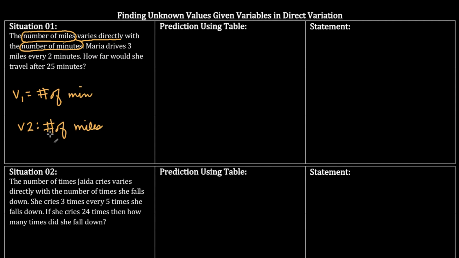Remember, this is our dependent variable. This is our independent variable. So in our table, we put our dependent variable, the one we care about, second. So the number of miles, like that, and this will be the number of minutes.